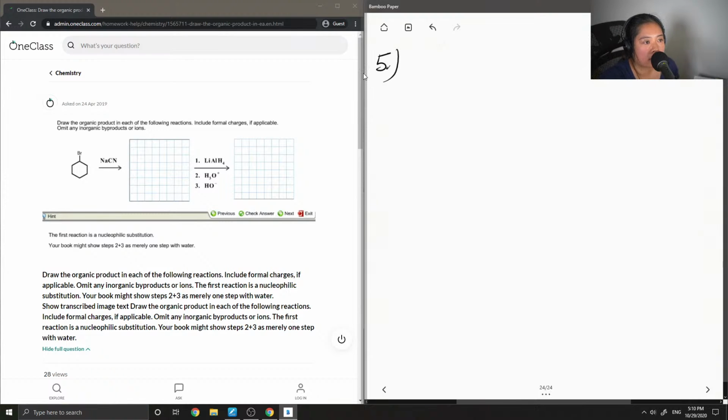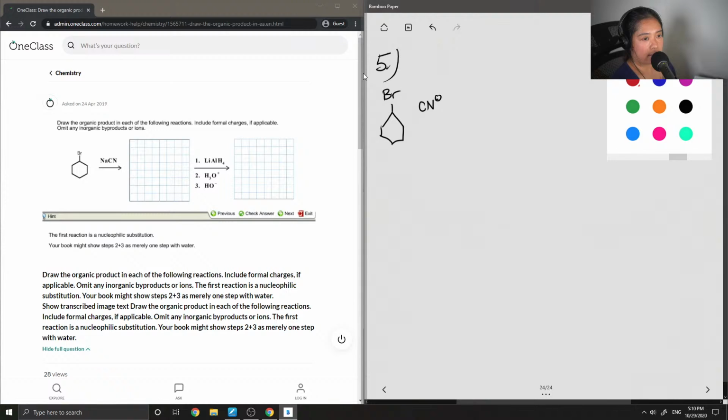Okay, so let's draw out the mechanism for this reaction. We have a cyclohexane ring with a bromine, and first it reacts with sodium cyanide. So I'm going to draw out a negatively charged cyanide ion, just coming in to replace the bromine.